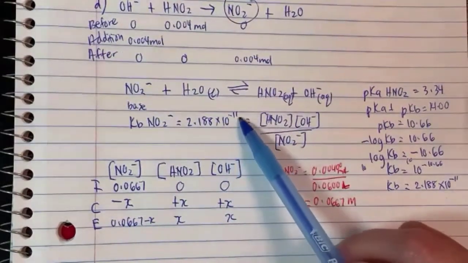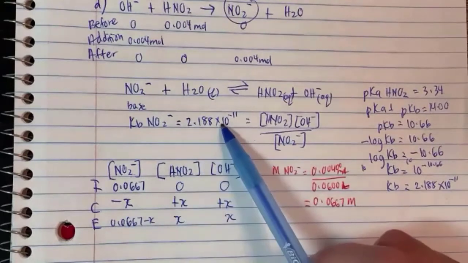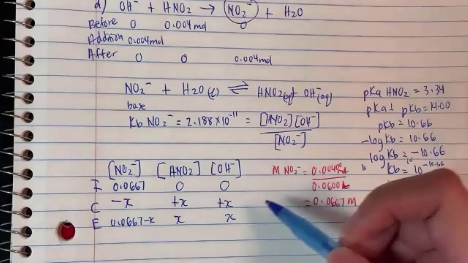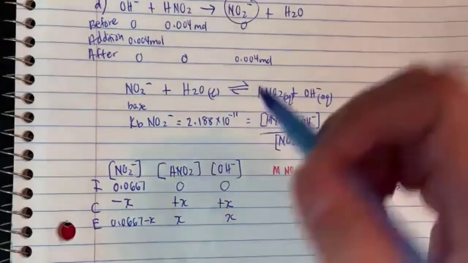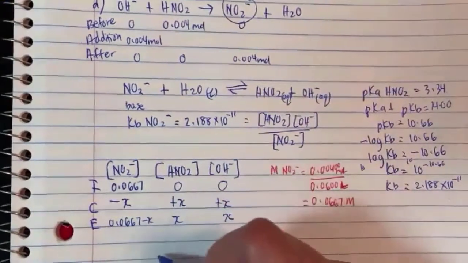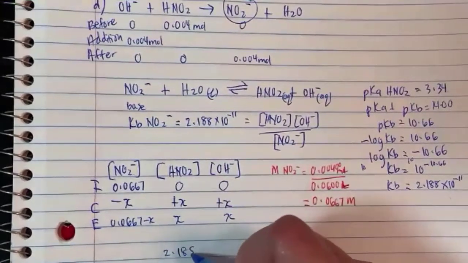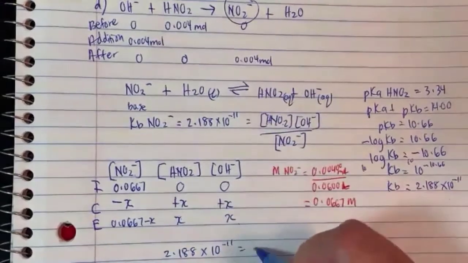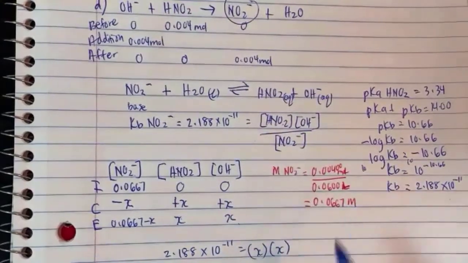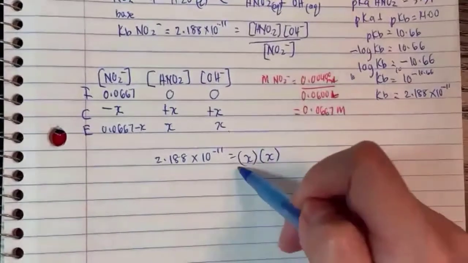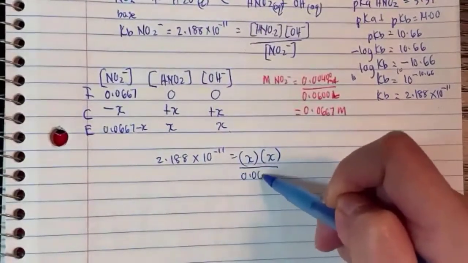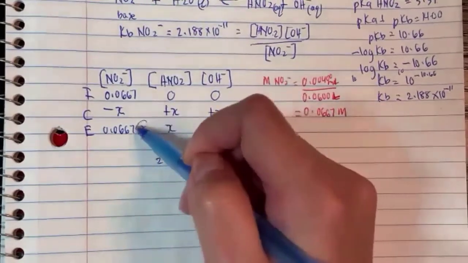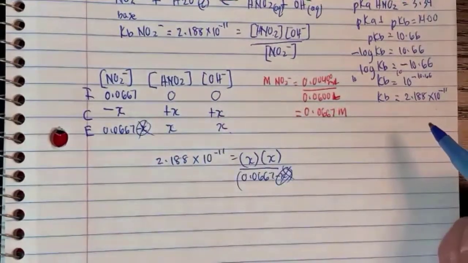So do we want to do the shortcut? Yes, because this is so small, and this number is bigger than that, more than 10,000 times, right? So I'm going to go ahead and do the shortcut where we set the KB up. Now it is 2.188 times 10 to the minus 11 equals x times x, divided by 0.0667 minus x, but we cross this guy out from our approximation.